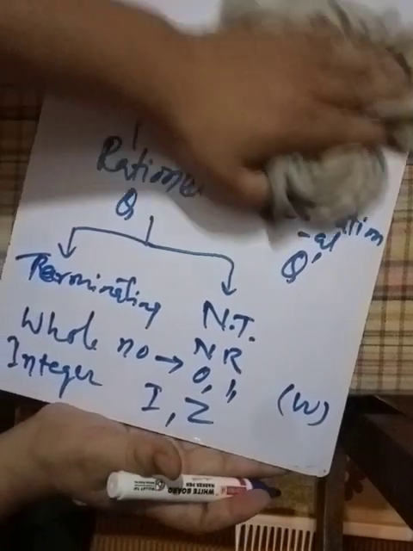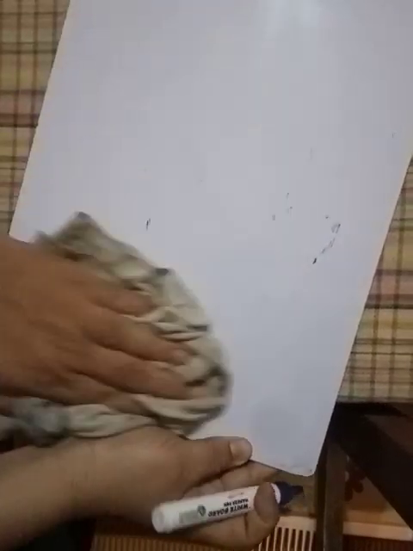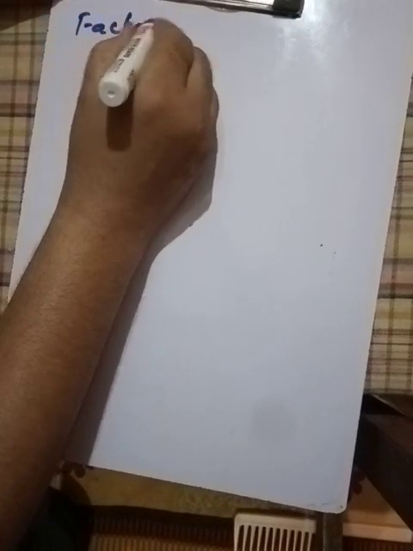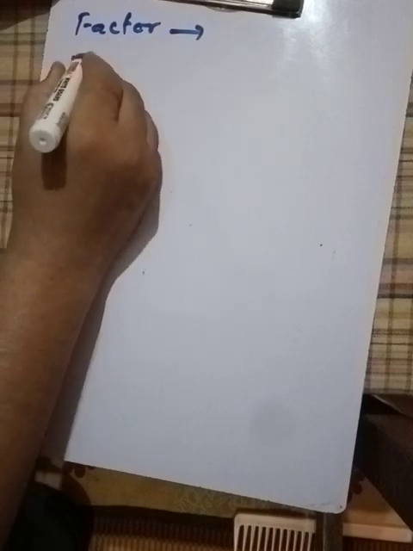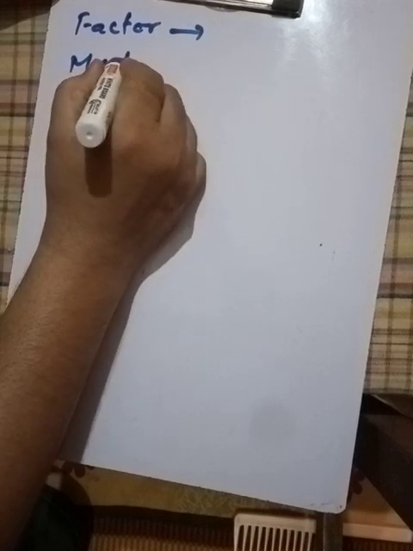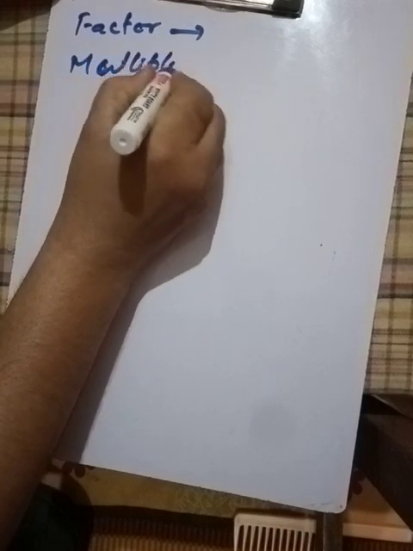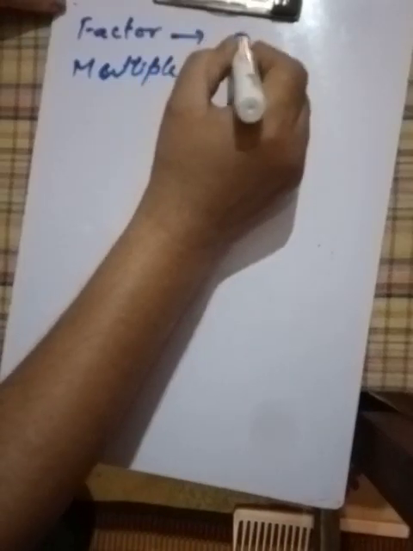Other than this, we have read LCM and HCF. Before LCM and HCF, we have read about factors and multiples. A factor, I told, is a number which can divide a given number, and a multiple is a number divisible by the given number. The highest common factor is called HCF, and the lowest common multiple is called LCM.